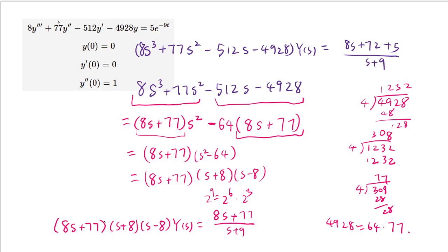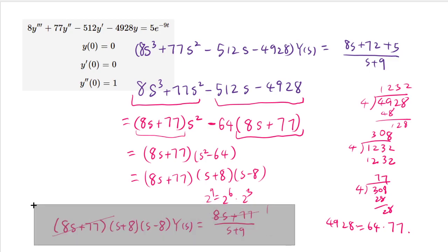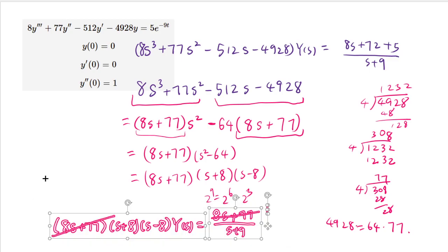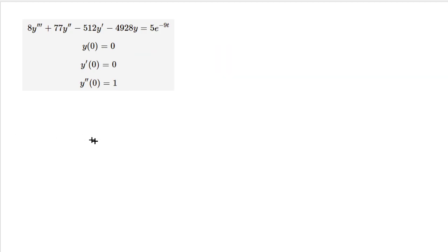And now this is interesting. You can divide both sides by 8s plus 77. I think that's another thing that the person who made this question did so that it's not so hard to solve. And let me again delete everything except this one.